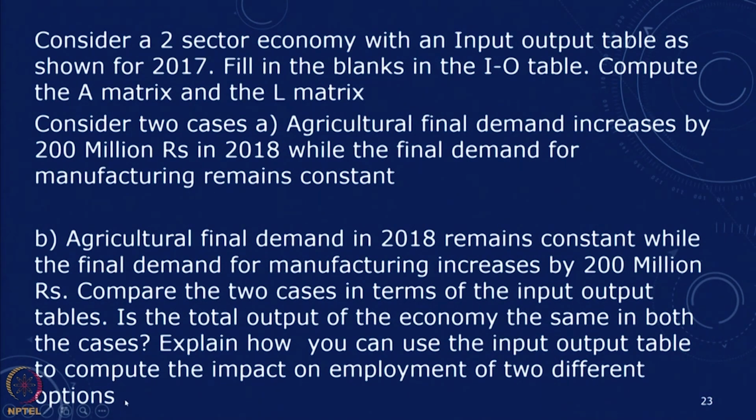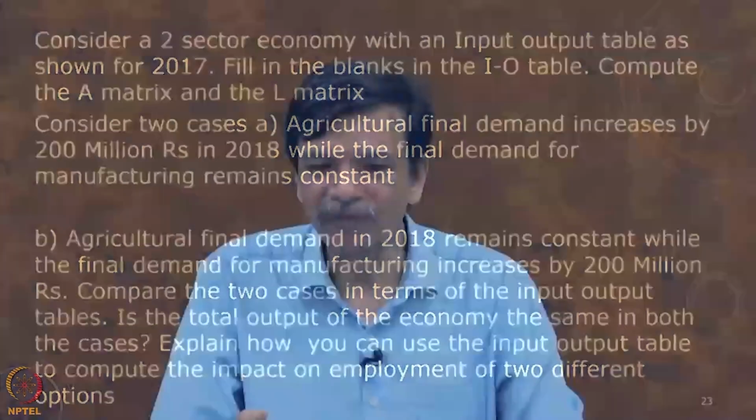So in this case, in the payment scenario, we knew how much are the wages being paid for each of these sectors, and we took a factor in terms of the wages or the people employed with the wage rate. So you can get a factor in terms of per million rupees how many people are employed, and we can take that to make the comparison when we have different outputs, and we can see in which case the employment increases, and that will depend on the employment factors.